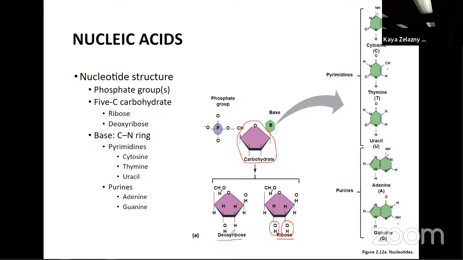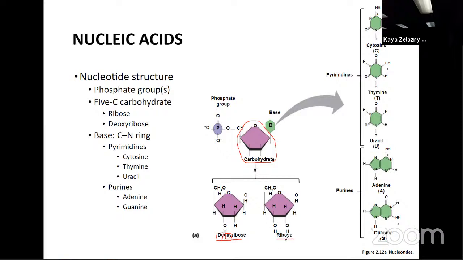If we look over to deoxyribose, this one's the same, but here we're missing an oxygen. That is why it is called deoxyribose. The name tells you: de- like deleted, oxy for our oxygen, and then ribose. So deoxyribose is the one that has one less oxygen on it.